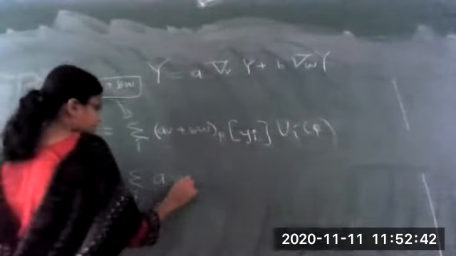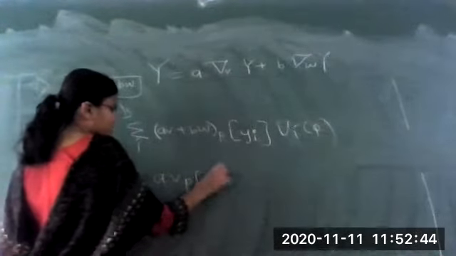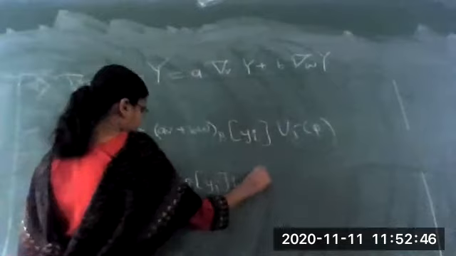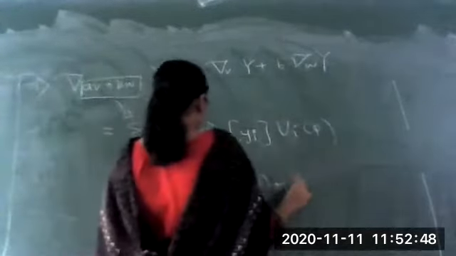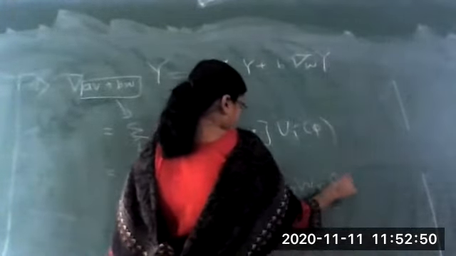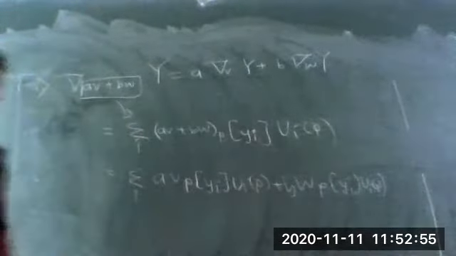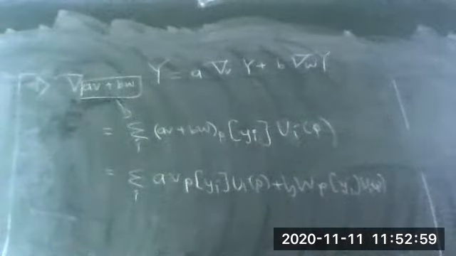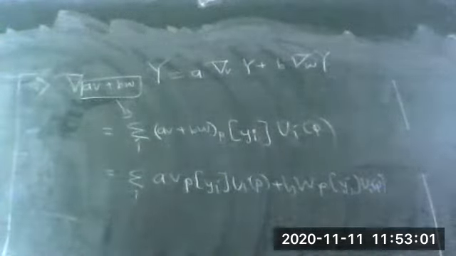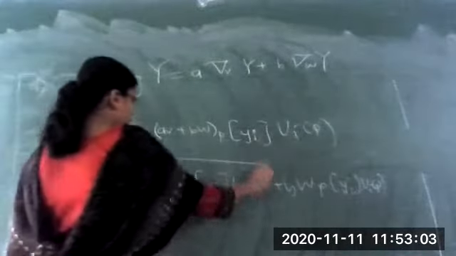a as it is, VP Yi Ui at a point P, plus b as it is, WP Yi Ui at a point P. Okay. So what will be the answer of VP Yi Ui at a point P?